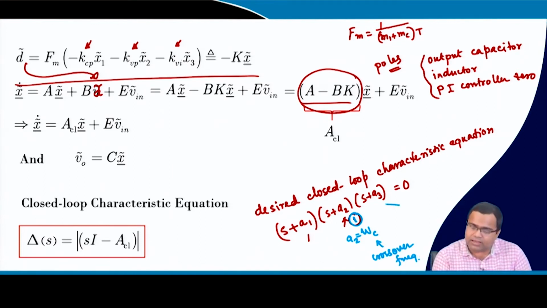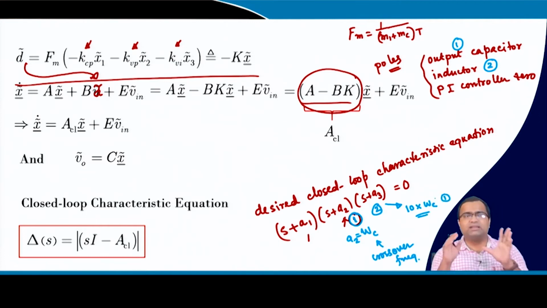The other pole is due to the inductor, and this should be roughly 10 times omega c, because inductor dynamics should be faster than the capacitor.